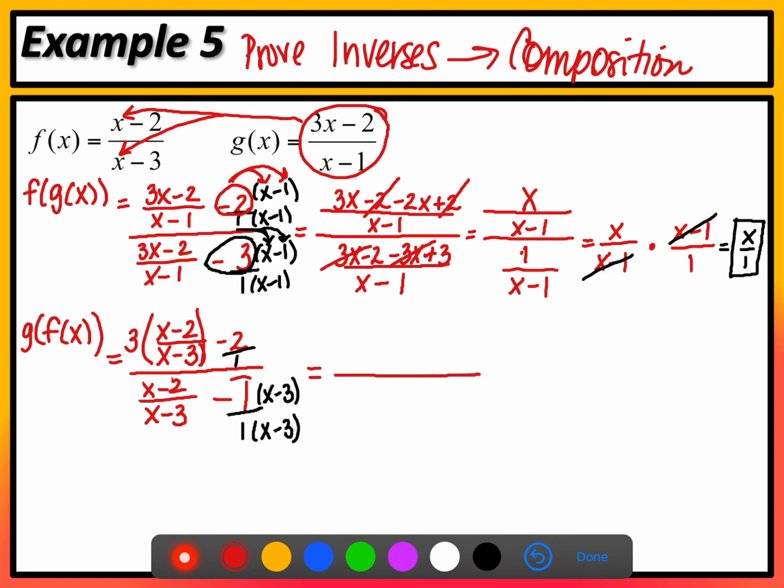Doesn't really matter what order you go with though. Okay, so again, just be careful. This is distributing a negative. You don't want to do all this work to have your signs mess you up. Okay, so these terms are canceling. Right, and I'm getting a 1 over x minus 3. So that's the denominator all simplified.